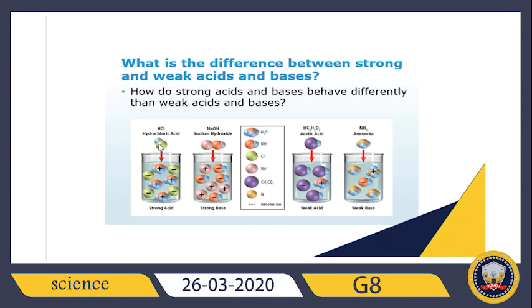So now once you add the HCl to the water, what will happen guys? As you can see here, all the hydrochloric acid dissociates, all the hydrochloric acid breaks apart, and it releases its hydrogen atom.